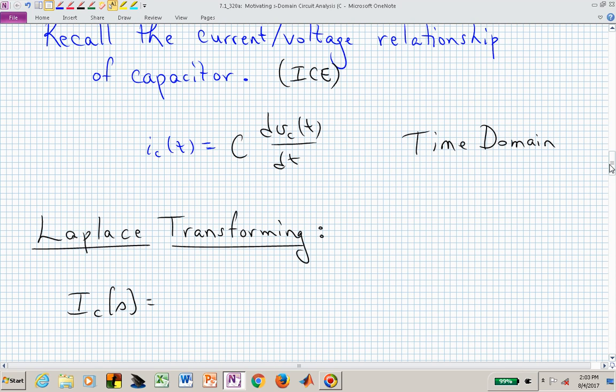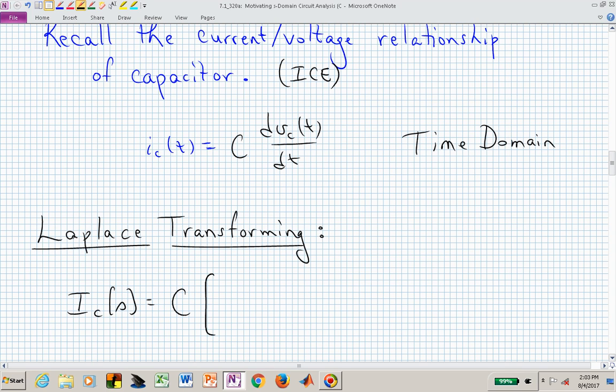Now if we Laplace transform the current, we'll just call that capital I sub c of s. We then have C times the Laplace transform of the derivative of v sub c. And this is why it's important to understand some of these Laplace transform properties.